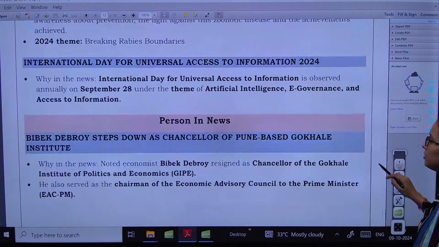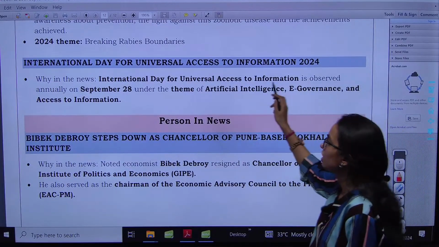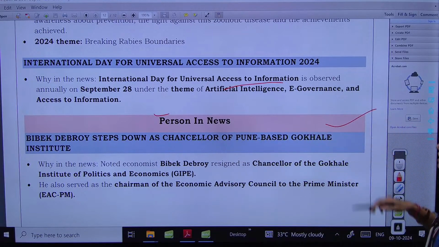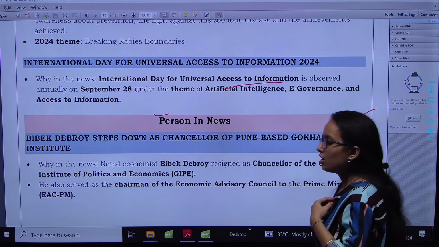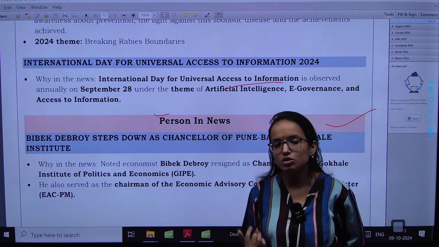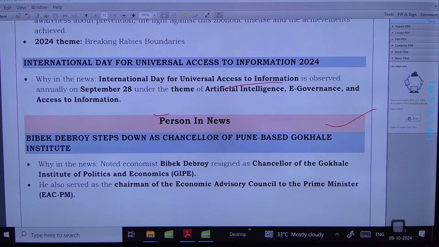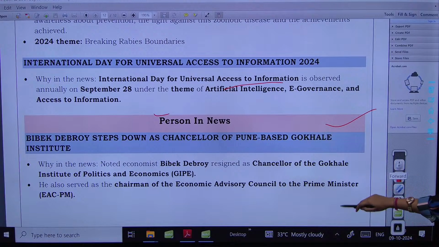Then you have the International Day for Universal Access to Information, observed on 28 September as well, under the theme of artificial intelligence, e-governance and access to information. This is to celebrate the idea of effective governance via the use of artificial intelligence and digital solutions. So remember, International Day for Universal Access to Information, theme: artificial intelligence, e-governance and access to information.